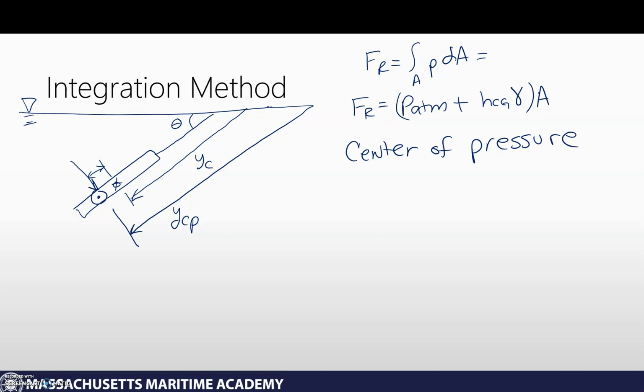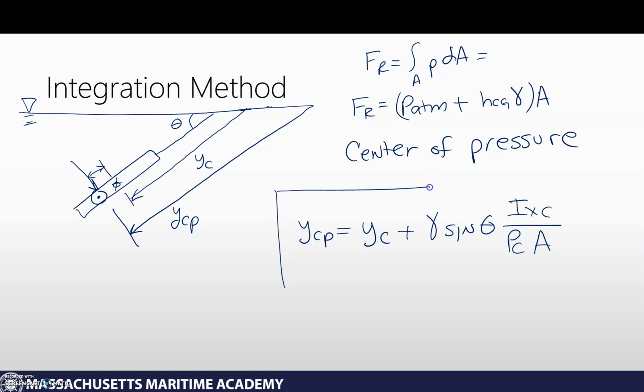YCP is equal to YC, the distance from the surface to the center of gravity, plus gamma sine theta times the moment of inertia about x at the centroid, which your book will call IXX, divided by the pressure at C, the pressure at the center of gravity, times A. That's the equation we're going to use.